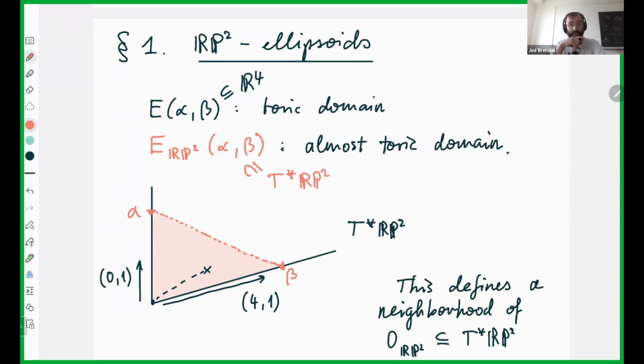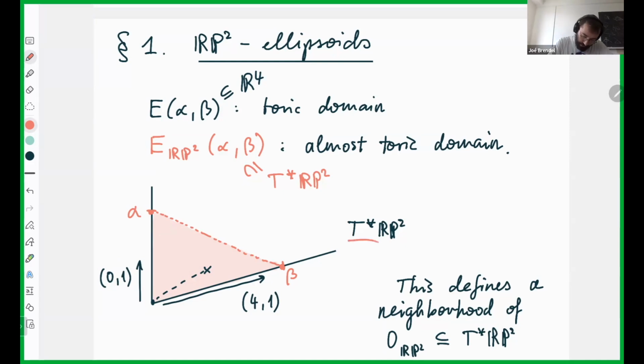And actually, T star RP2 does not have a toric structure, but it does have an almost toric structure. And the almost toric base diagram is the thing that I've drawn here. So it's the cone spanned by the vectors (0,1) and (4,1).